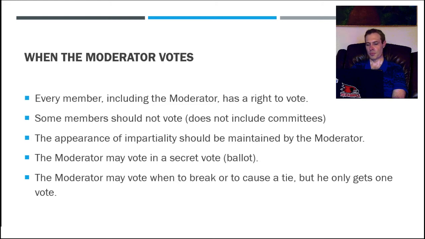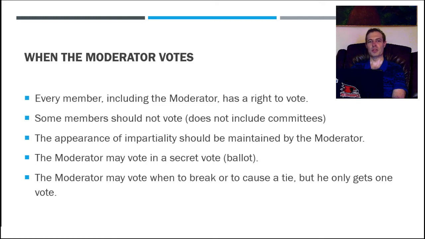And any other member that's not voting normally, sometimes the clerk won't vote, usually because the clerk's busy doing something, and it just makes more sense for the clerk not to vote. If it comes down to an issue where something's tight, then maybe it makes more sense to have everyone voting. But the moderator should not vote in most cases.